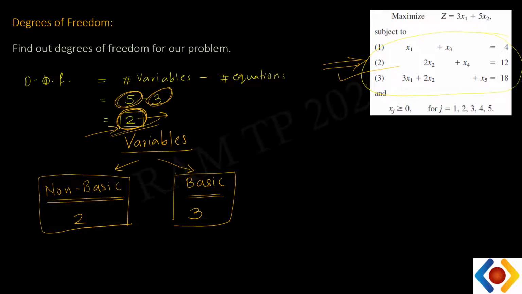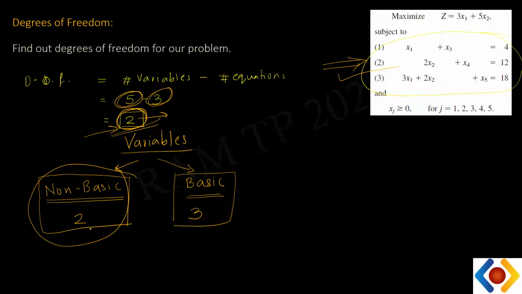So in simplex, as a rule, it is decided that whatever non-basic variables there are, the value of those two variables is going to be 0. In the simplex method, the non-basic variables will always be equal to 0, because we are free to assume any value, and we have decided that we will assume those values to be 0.